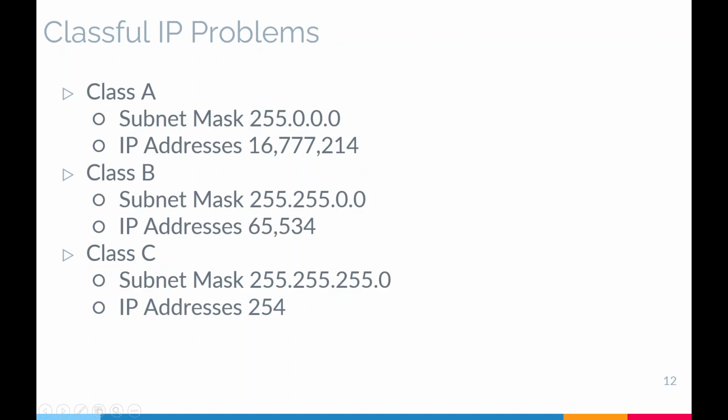Now you might be wondering what's the problem in this? It looks good. The only problem is, what if I need 500 IP addresses? Which of these classes will I be able to choose? Or for that matter, take any number of IP addresses. Suppose I need 255 IP addresses or 256. I don't have any close range.